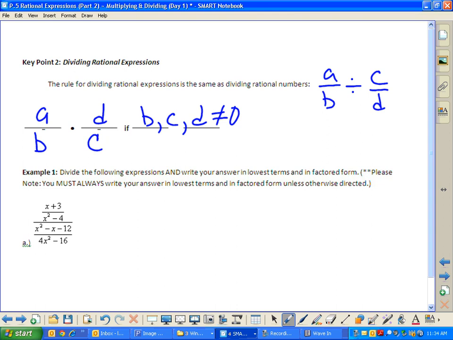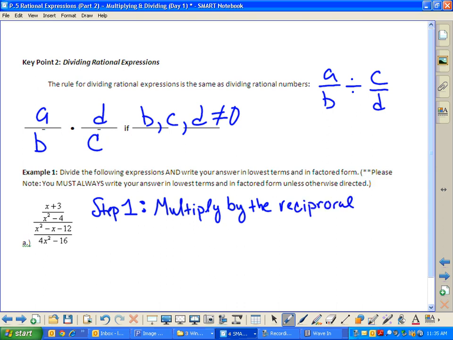Right here we have a ratio of ratios. What we're going to do in step 1 is notice that I'm dividing 2 fractions, and I can't do that. I'm going to multiply by the reciprocal of the divisor.